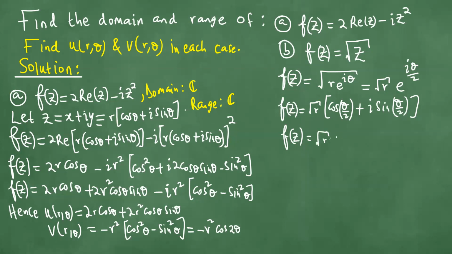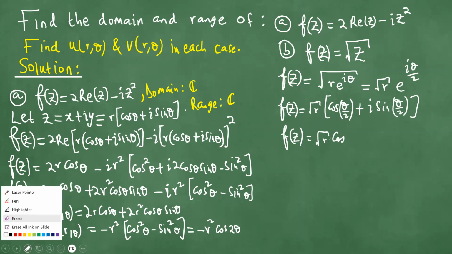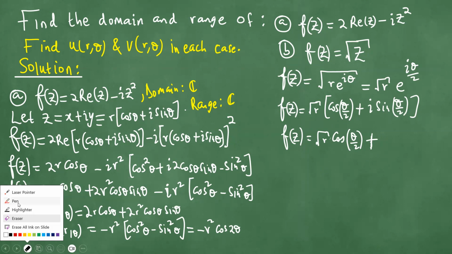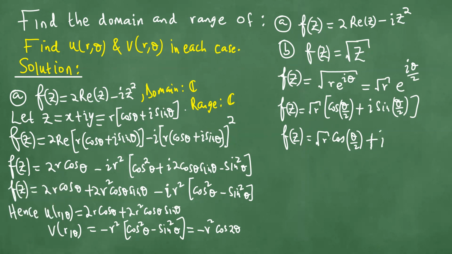This one is the square root of r cosine theta over 2, plus i into the square root of r sine theta over 2.